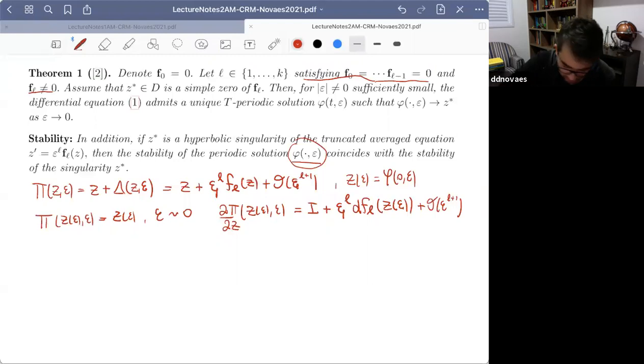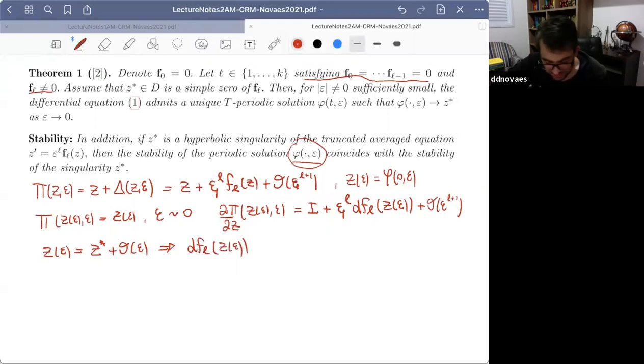So we know that z epsilon is equal to z star plus order epsilon, and this implies that the derivative of FL evaluated at z epsilon is equal to the derivative of FL evaluated at z star plus order epsilon.